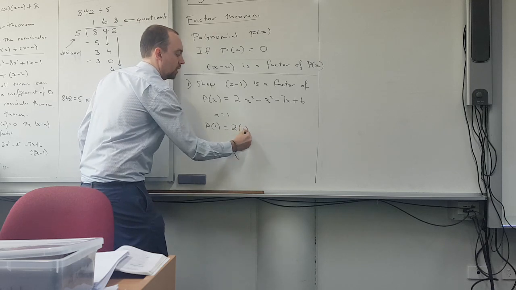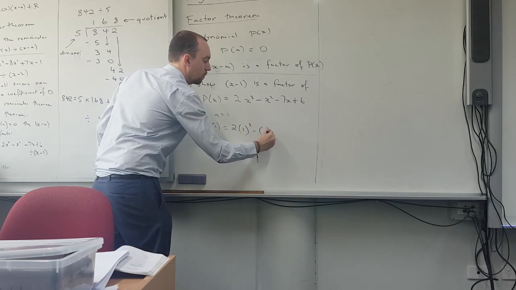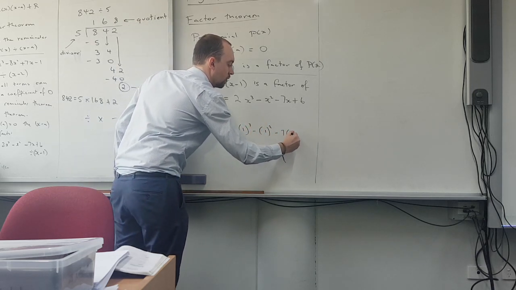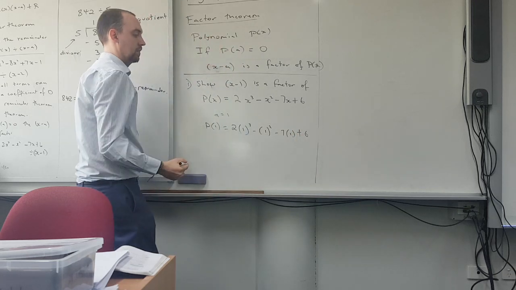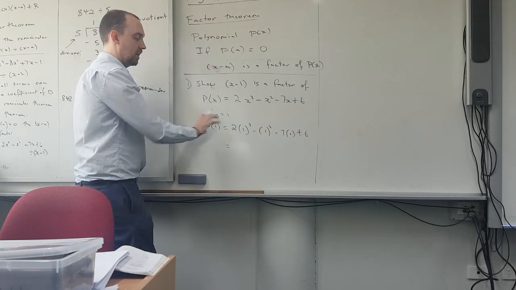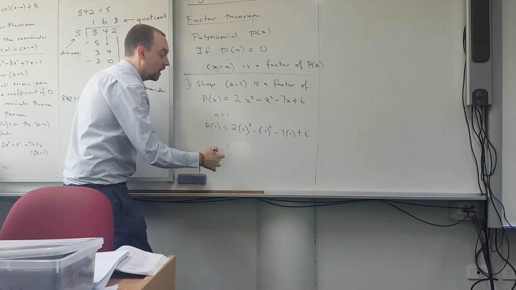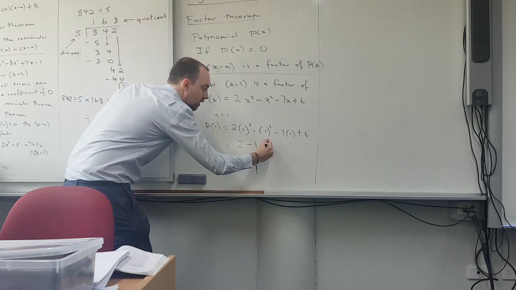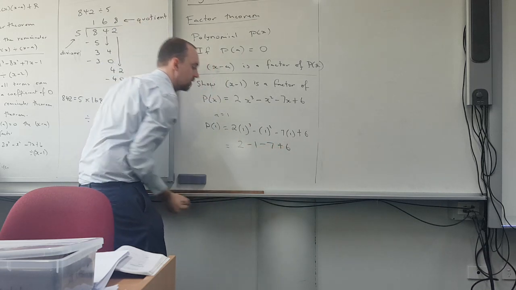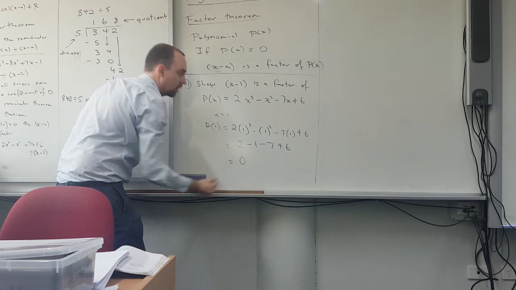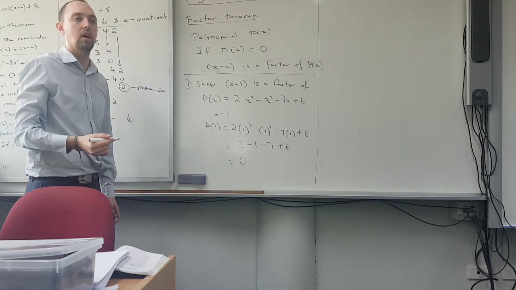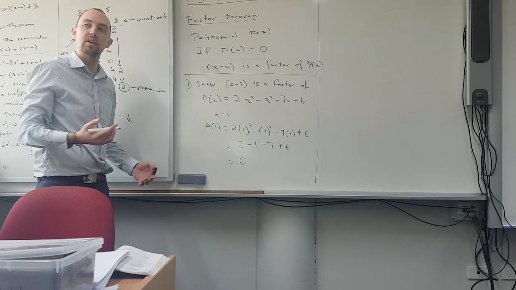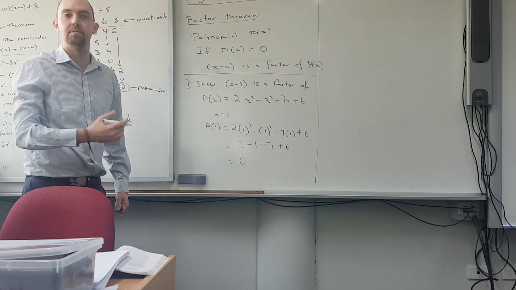2 times 1 cubed, take 1 squared, take 7 multiplied by 1, add 6. Started big and I went small. 2 take 1, take 7, add 6, and we get 0. So is x take 1 a factor? Yes, it is.